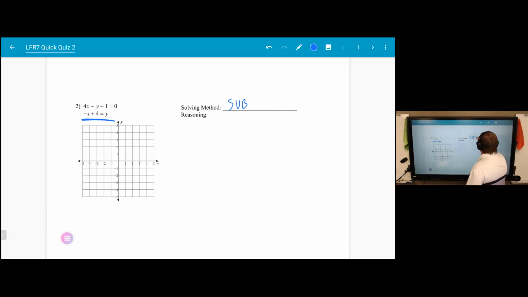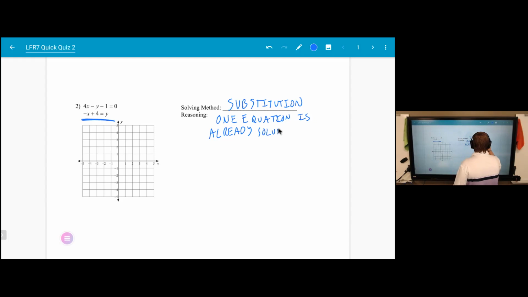So substitution, and why? One equation is already solved for one variable.